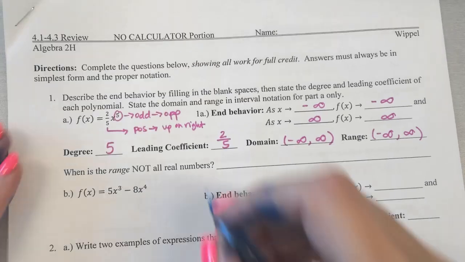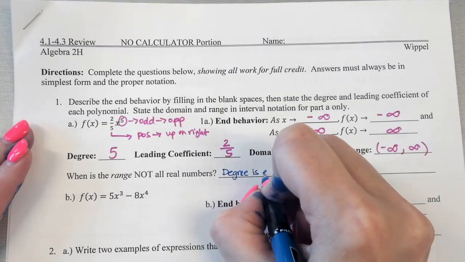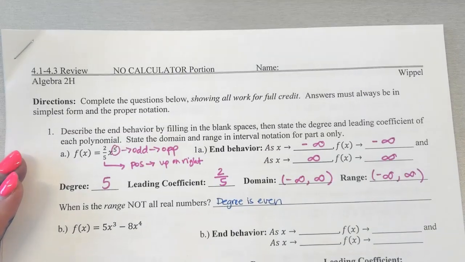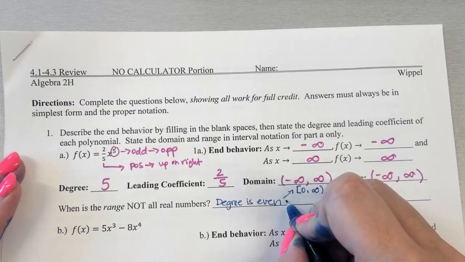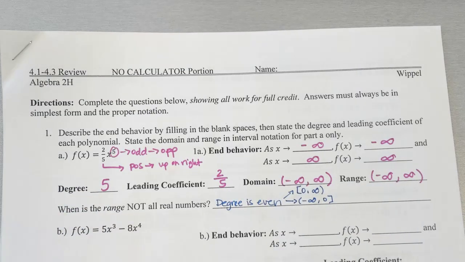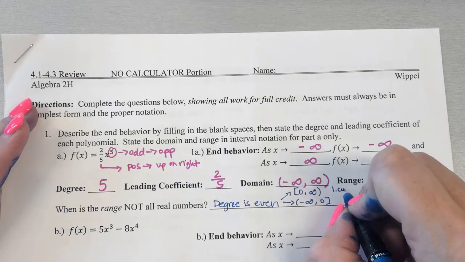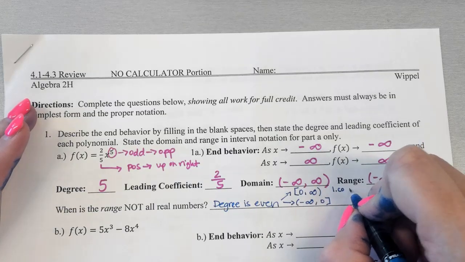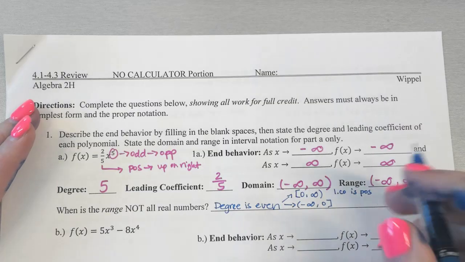Yeah, okay, so if the degree is even, you have two choices, right? It's either going to be 0 to infinity or negative infinity to 0. And that's based on the leading coefficient. So if the leading coefficient is positive, all of the points are above 0, they go to infinity.